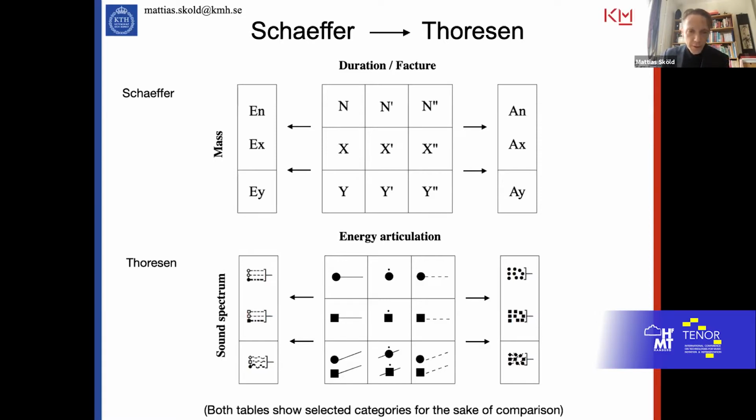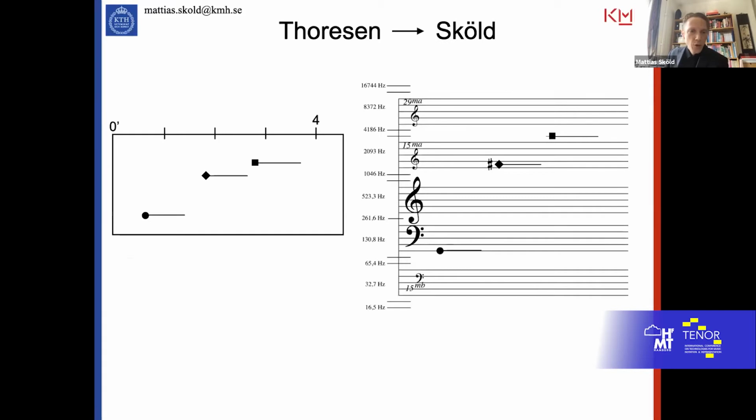Both tables, of course, show only selected categories for the sake of comparison. What most clearly defines my adaptation of Thoresen's analysis is the placement of symbols over a spectrum staff system. It is about taking symbols originally related to listening and connecting them to specific, measurable, and identifiable values.